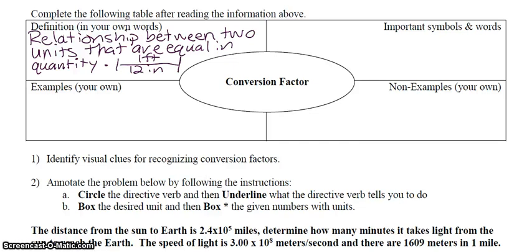You're going to see things like per, equals. Sometimes a colon is used between them or a division bar. Those are symbols that help you know that you may be looking at a conversion factor, but there are still some things that need to be present.